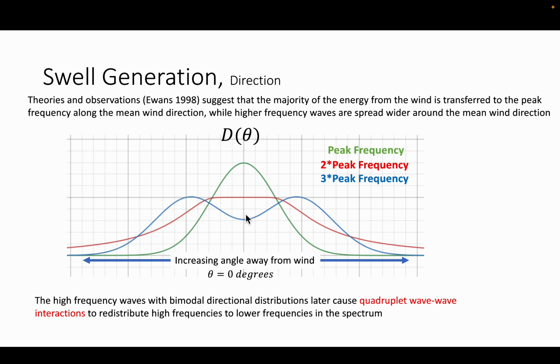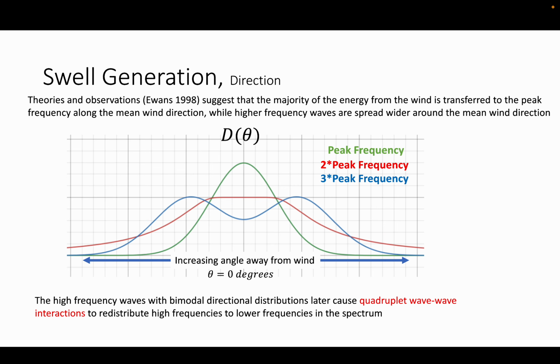But then at 2 times the peak frequency, we're going to see that at this angle across from the wind, that energy is not just at the center, but it's equally out to here. And then at 3 times the peak frequency, we really have all the energy diagonal of the wind.